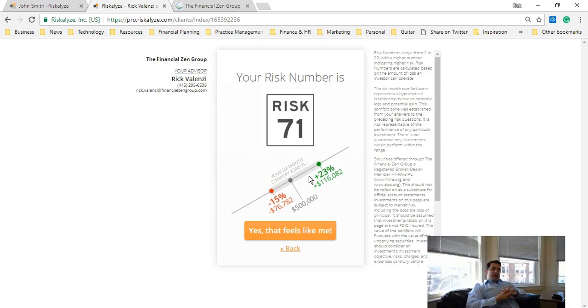Okay. And then what we'll do is I'll get notification when John has completed this. I'll see that John scored a 71, and that means any money that I manage, I will put him into a moderately aggressive portfolio, which corresponds with a 70 risk number, and we'll use that as the anchor, right, as the blueprint for all of his long-term investment portfolios.